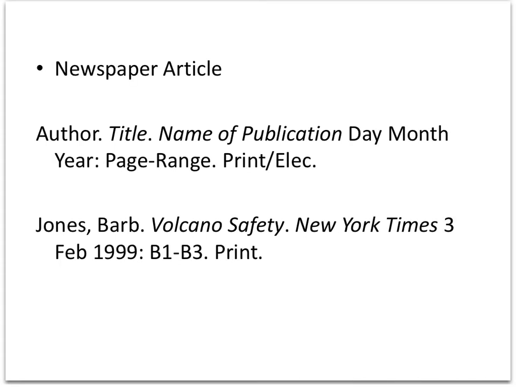Newspaper articles are also very similar to magazine articles. In fact, there's only one key difference between them. So in newspaper articles, we need an author and title just like every other source that we've worked with so far. We need a name of publication, which is exactly the same as magazine articles and academic journals.